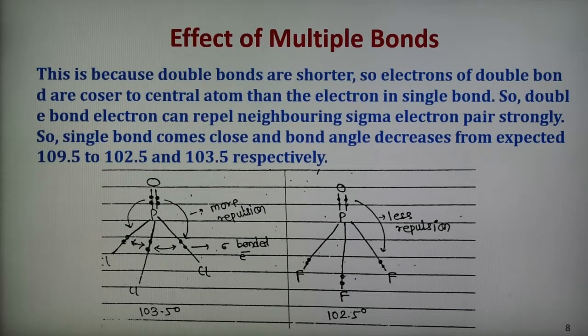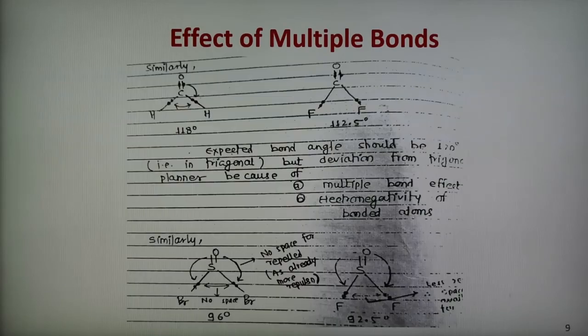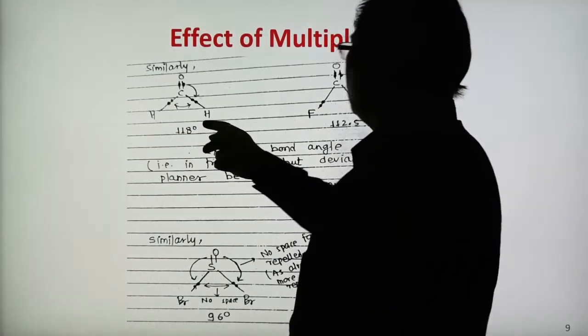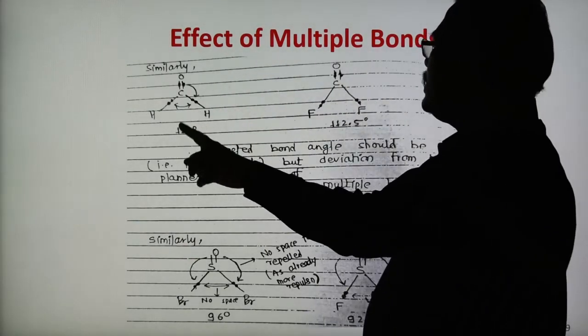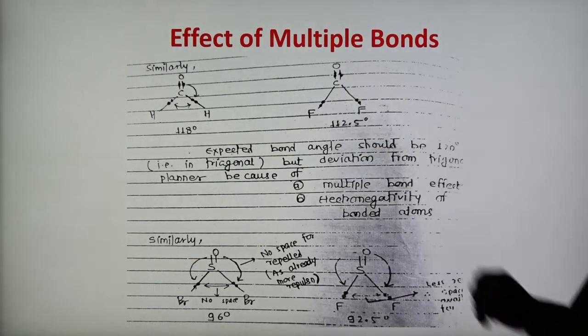Similarly, this is one example, and similar examples are shown: COH2 and COF2. In this case, more repulsion means the bond angle is more, and less repulsion means the bond angle is less.